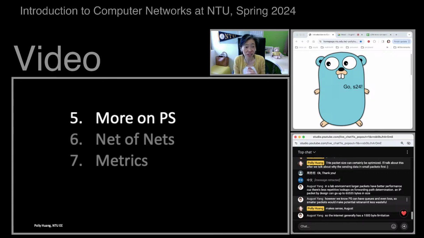But I totally agree with you. If such a packet is dropped in the network, you need to retransmit everything again. So obviously, you don't want the data part to be too big. So this is again another good reason why we don't want the packets to be large. And that is to add on top of what I just said.